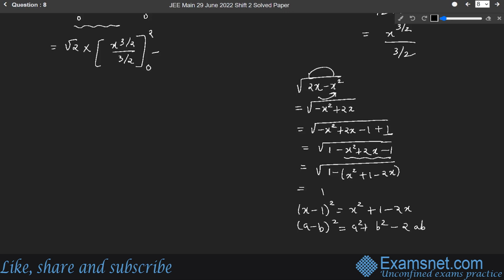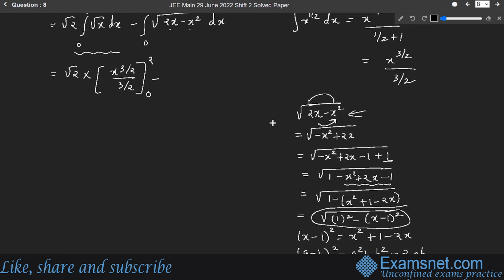All right, so 1 can be written as 1 square minus x minus 1 whole square. Now you can see that this expression is in the form of a perfect square. We have transformed the given expression into a perfect square.